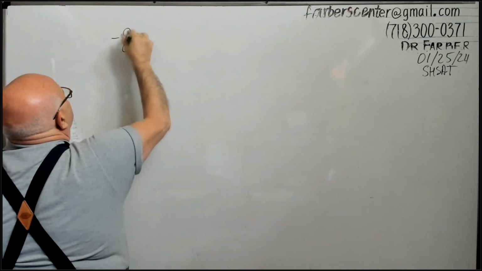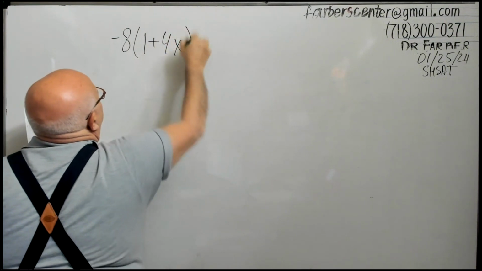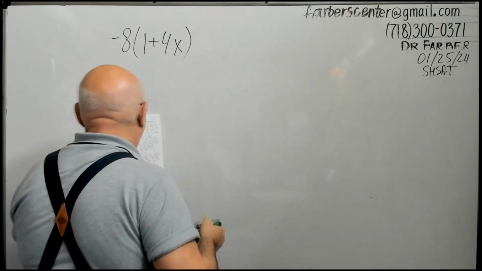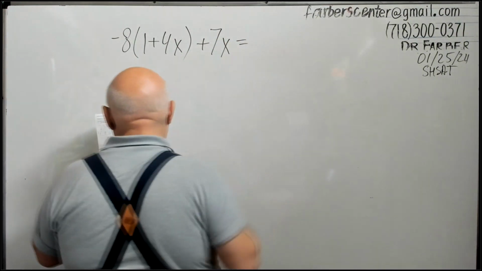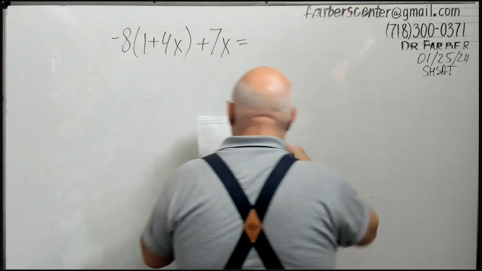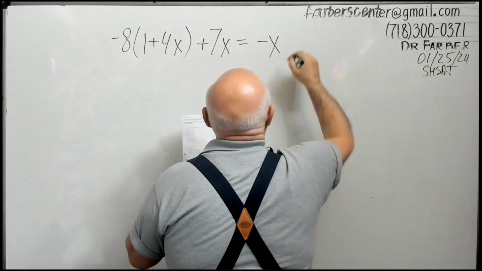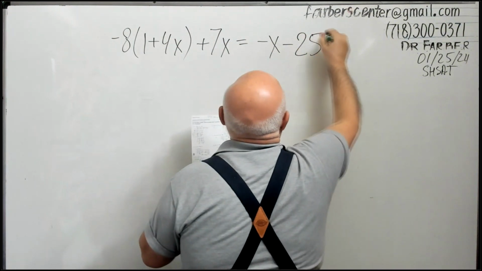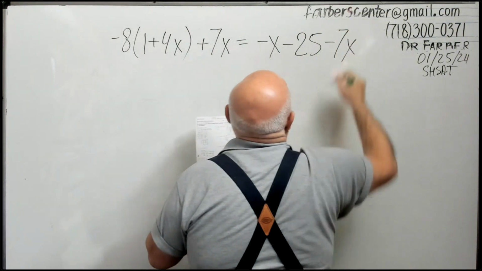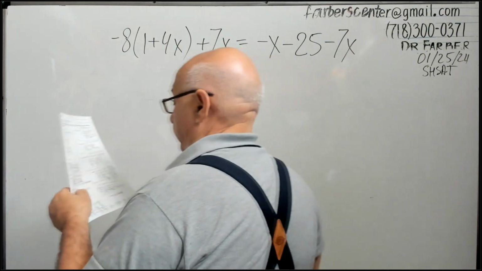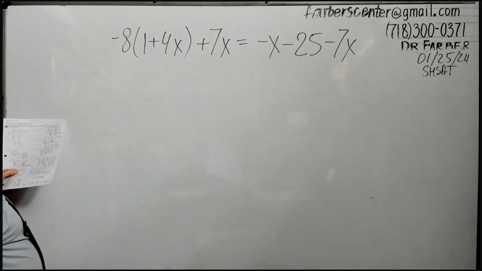Negative 8 times, open parenthesis, 1 plus 4x, close parenthesis, plus 7x equals negative x minus 25 and minus 7x. Good luck. Find x. Let me check if I wrote correctly. Yes. Good luck.